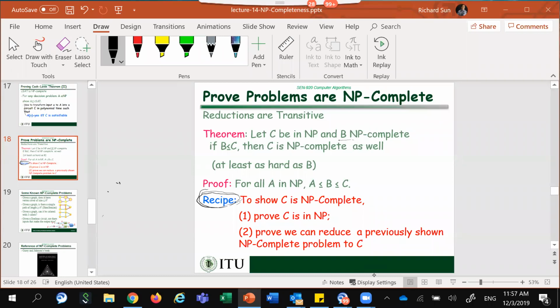The other way around is the standard mistake that people will make. Please don't make that mistake in the exam. When you prove a problem to be NP-complete, you prove the problem is in NP.